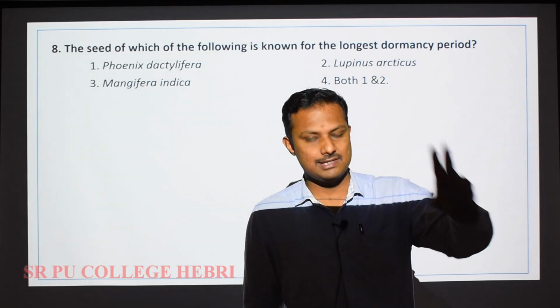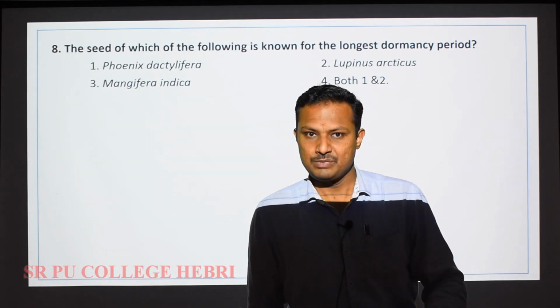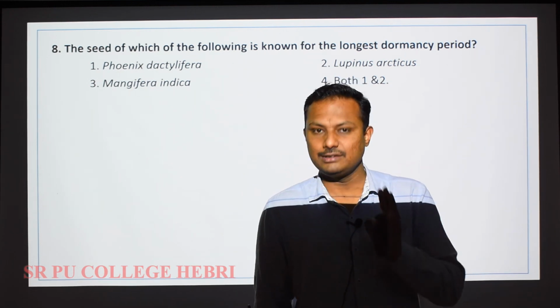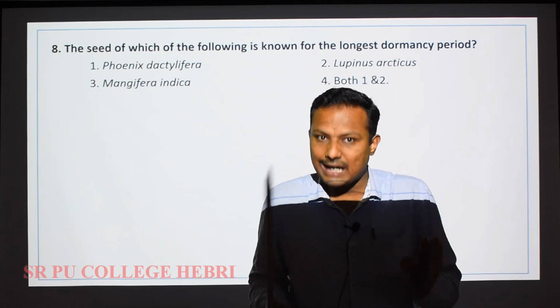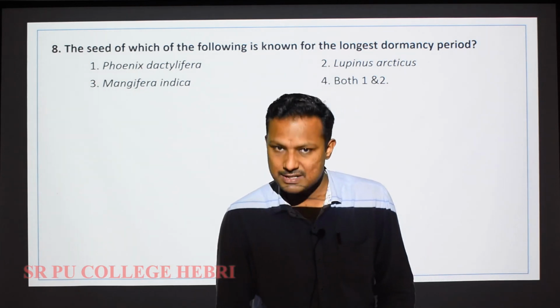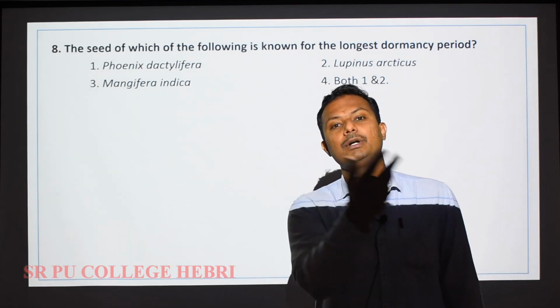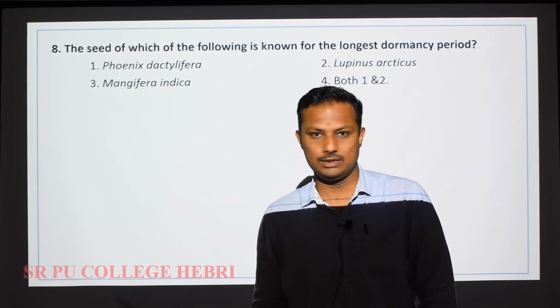If it has these two, then the seed can readily germinate. But until the seed gets those favorable conditions, it has to be in a certain state of resting, and that state of resting is called dormancy, during which in some seeds there will be the development of a very hard seed coat. You have learned all that.